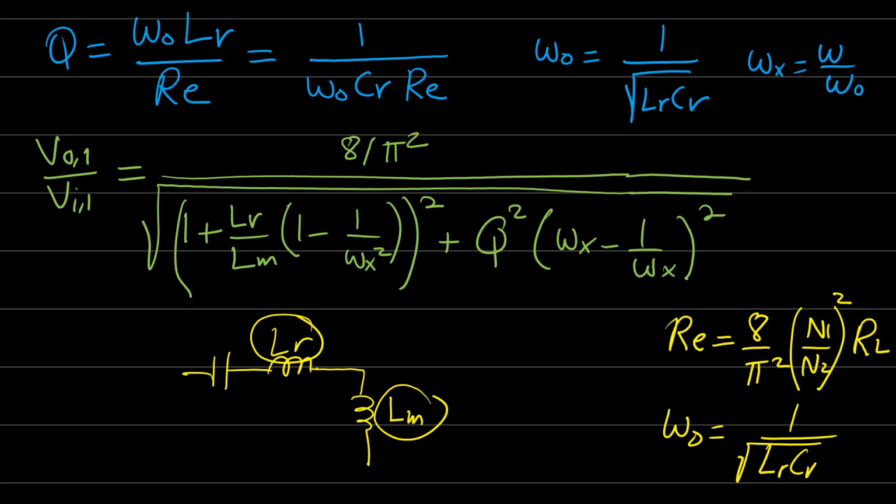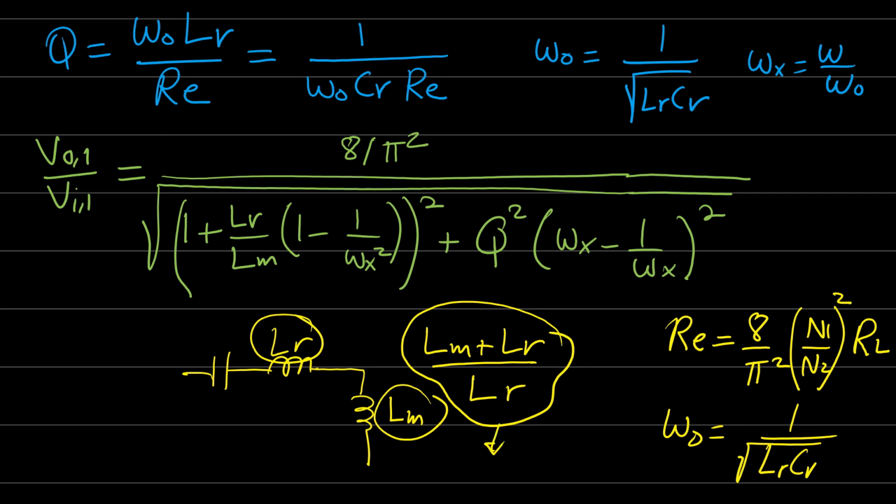This component will affect the behavior of the curve, okay, of the output voltage. So we'll define LM plus LR over LR. It can be defined by a value of M, for example, for simplicity. And then after that we'll change this value and see the effect of this relation.